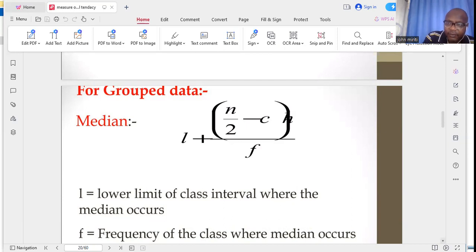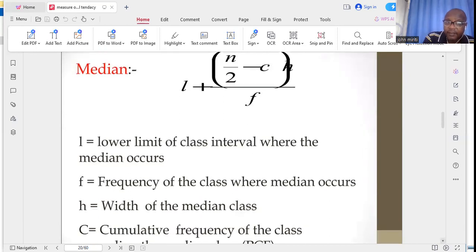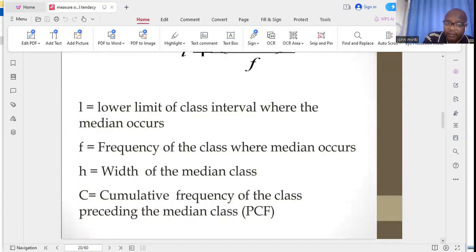First of all, you should put this data in a classification. So that is where the median occurs, plus the frequency before, the frequency of that class. Then you have the length of the median class. Then you have the cumulative frequency of the class preceding the median class.